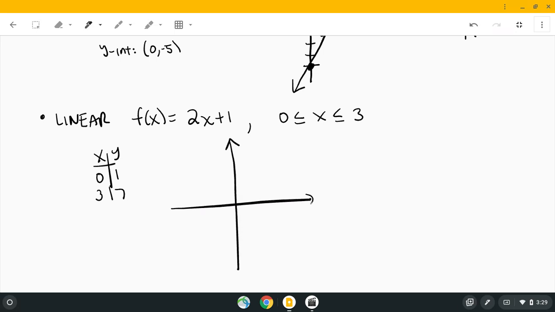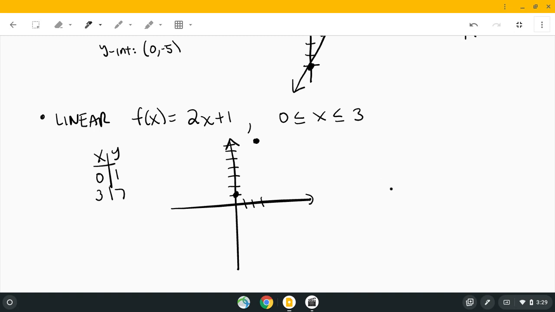So I am going to plot (0, 1) and (3, 7). 1, 2, 3. 1, 2, 3, 4, 5, 6, 7. And because these are less than or equal, these endpoints are going to be solid.